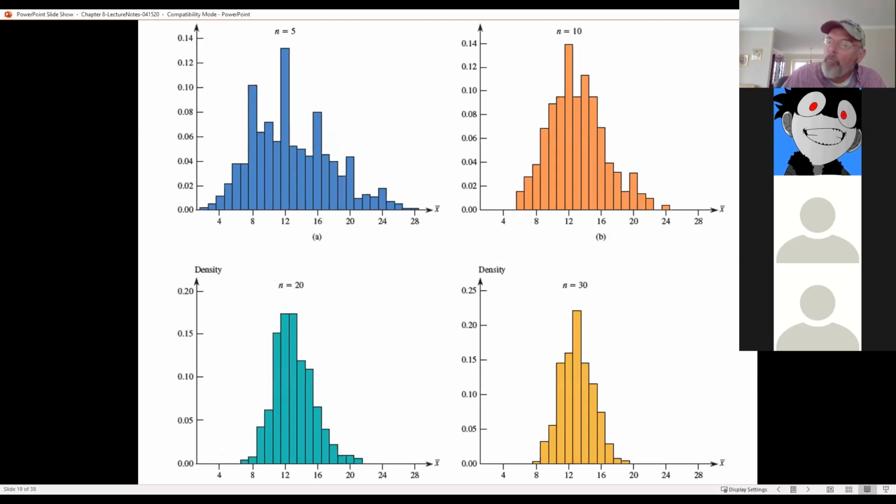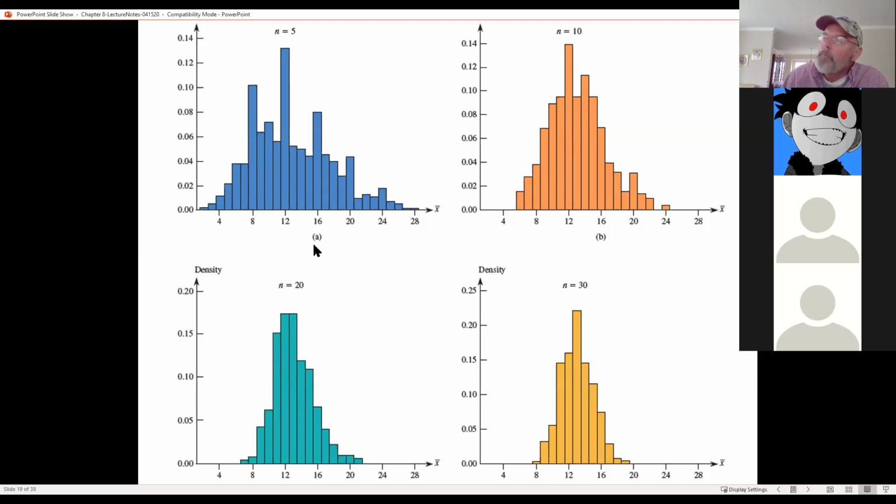Okay, so it has the remnants of the population distribution, where it's very skewed. You see that same skewness in the histogram for a sample size of 10. It still has some remnants of the skewness shown in the population distribution.